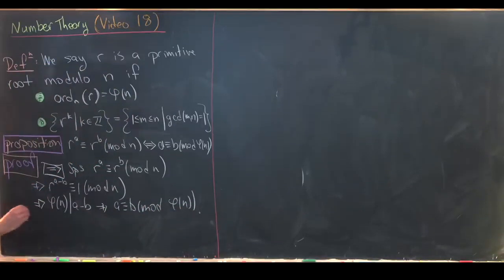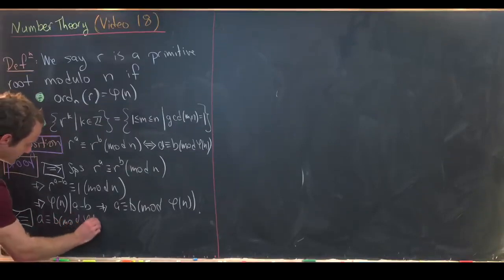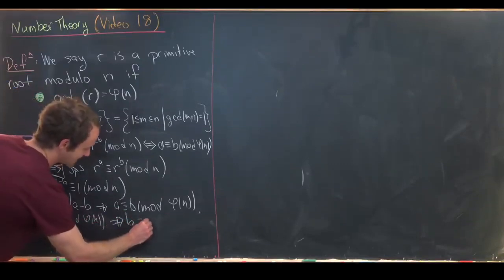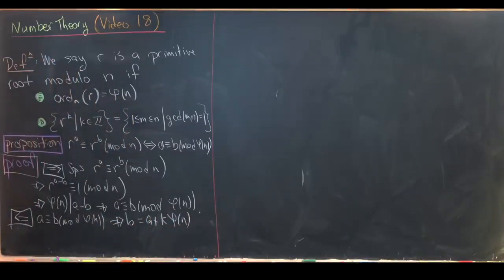Then how would we do the reverse direction? Well, it's essentially the same idea. If we start with a is congruent to b mod phi of n, then that means that we can write b as a plus k times phi of n.